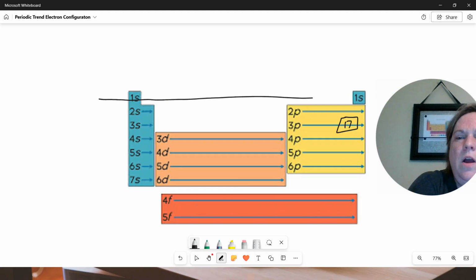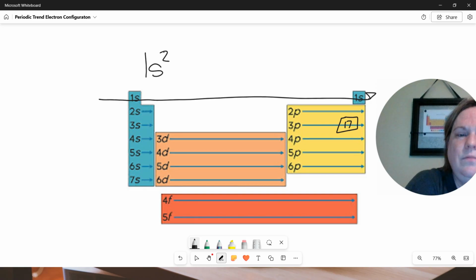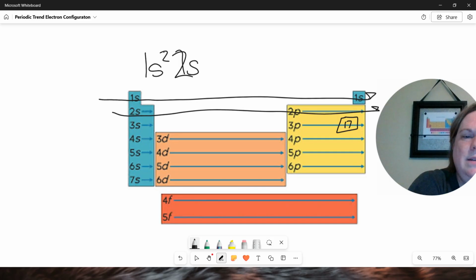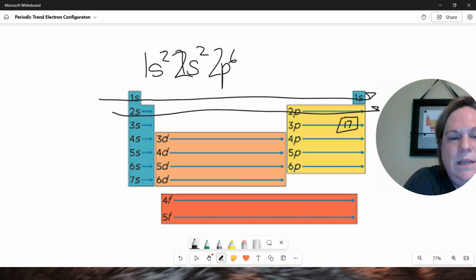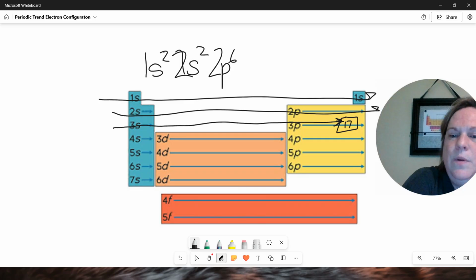So I'm going to come across row 1, so that's going to be 1s2. Then I'm going to come across row 2, which is going to be 2s2 and 2p6. Apologize for that messiness. Then I'm going to come across the 3s row, or the third row, 3s and 3p.